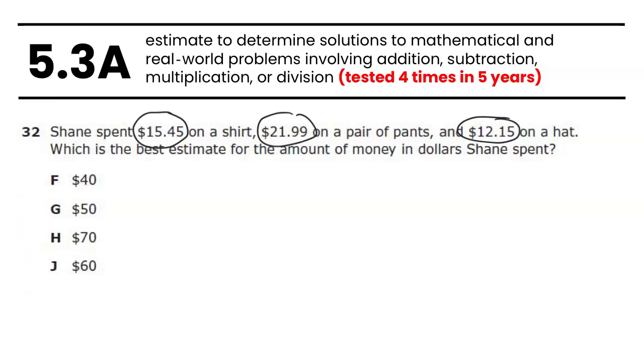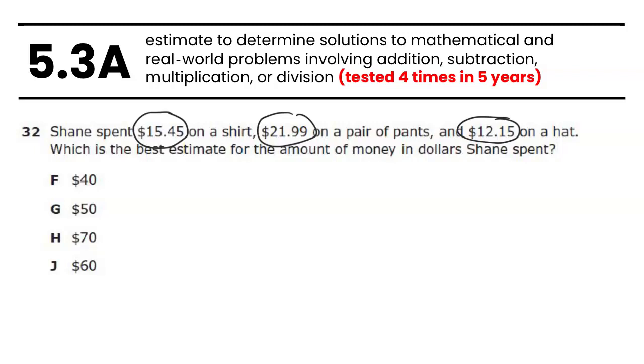That really defeats the purpose of the effectiveness of estimating in order to determine a solution. It's much easier, as you well know, to round these 3 numbers and then add them together in order to get an estimate for the amount of money that Shane spent.